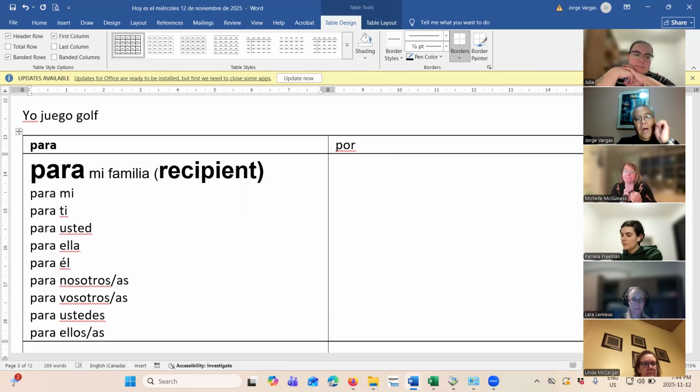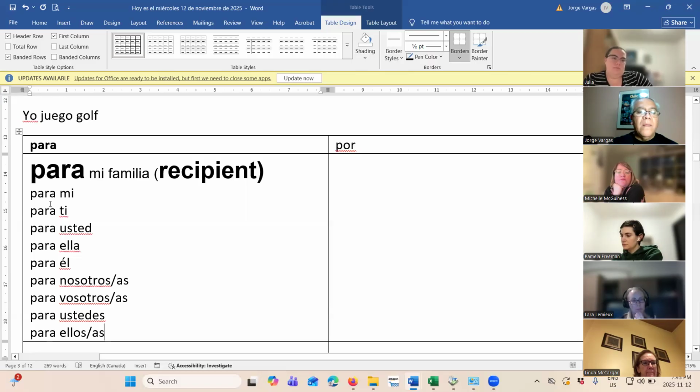Now, take this rule very solid for any other prepositions. For example, the preposition from. What if I want to say, oh, this is from me to you or for you? In that case, you say de mí, de ti, but then for all the rest, you use the same formula.